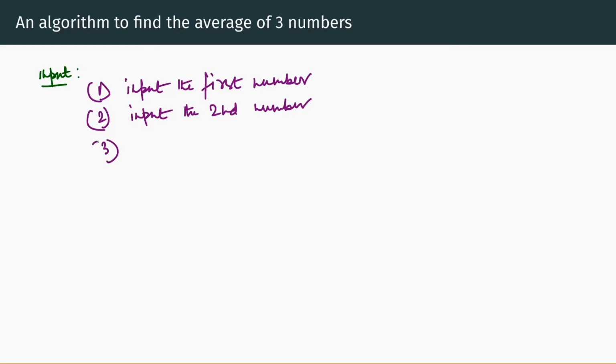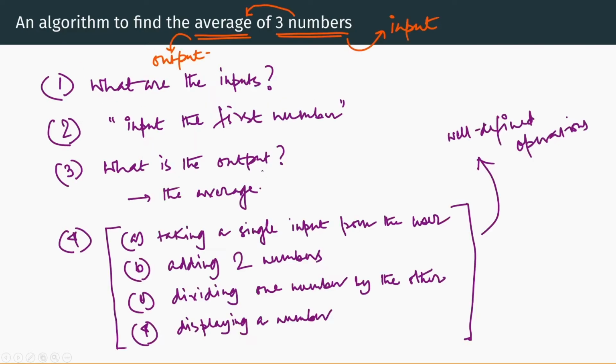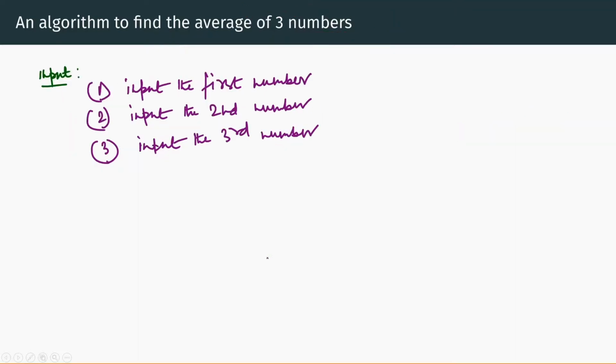Step 3, input the third number. Okay, why do we do this? Because in the previous slide, we said that the set of legal operations include taking a single input. We cannot take three inputs at once. We have to take single inputs from the user. So that's how we take the three numbers.